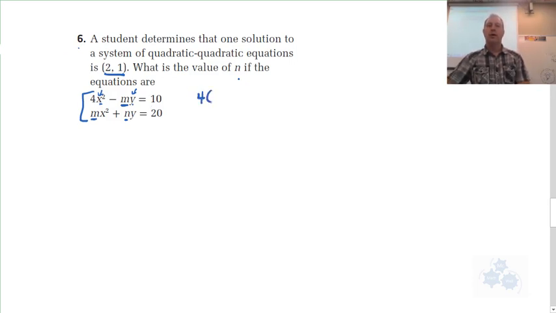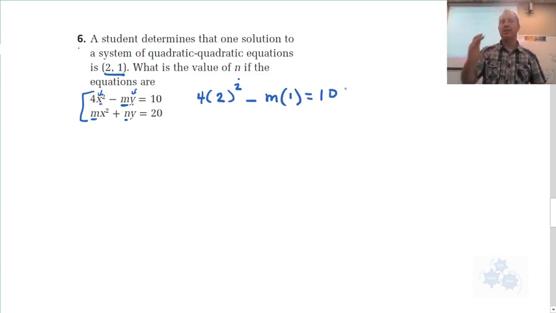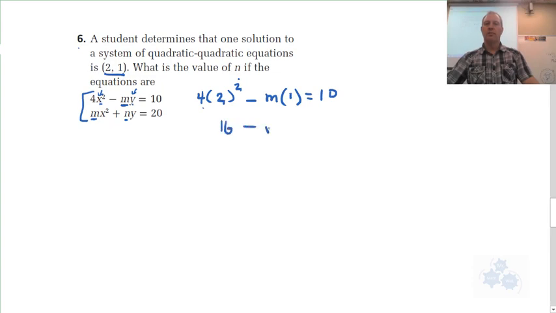I'm going to do 4 times x, which is 2 there, minus m times y, which is 1 there, equals 10. So if I plug my x and my y in, I can solve for m pretty easily. So that's going to be 4 times 4 is 16 minus m equals 10. Subtract 16 from both sides, minus 6. Looks like m equals 6 there.